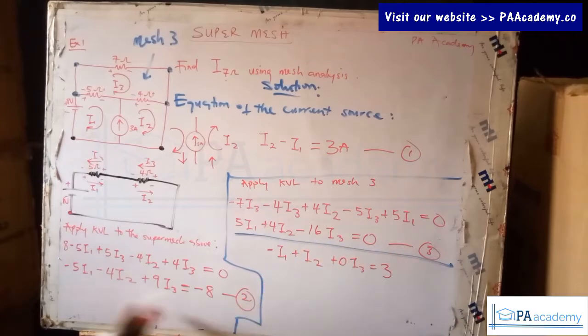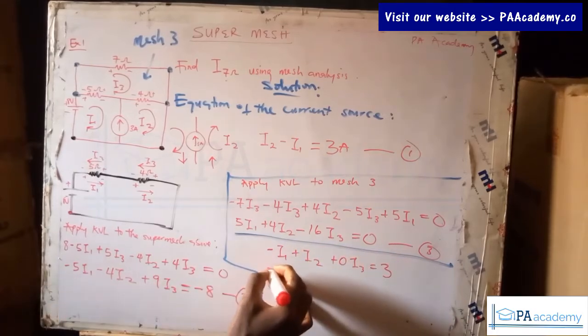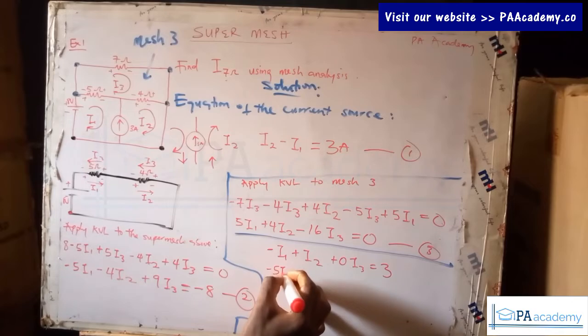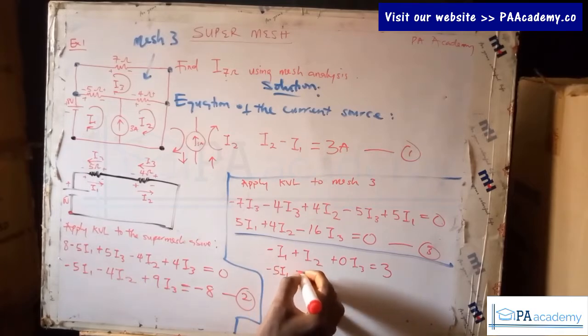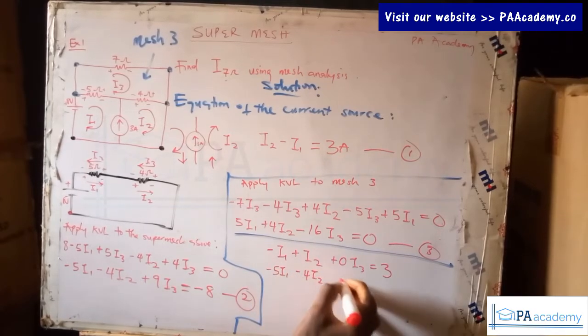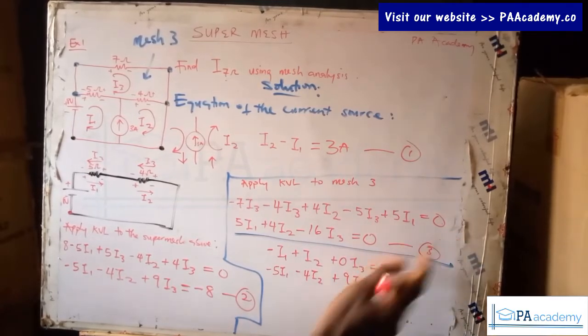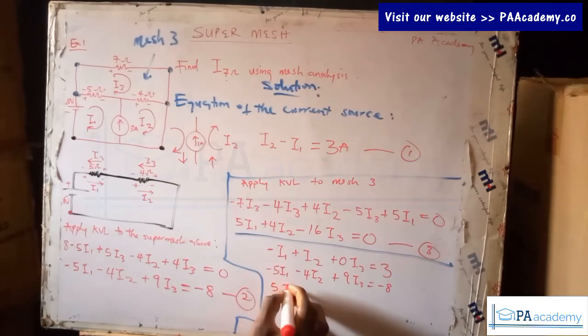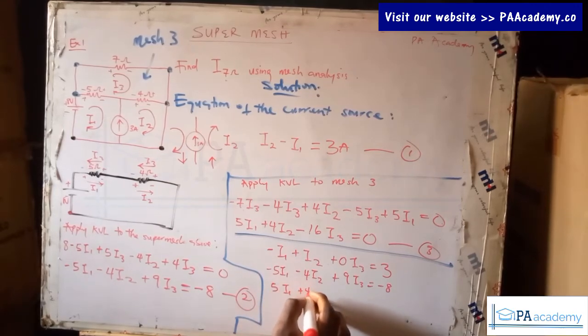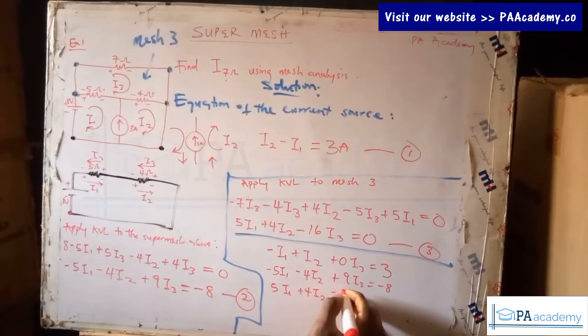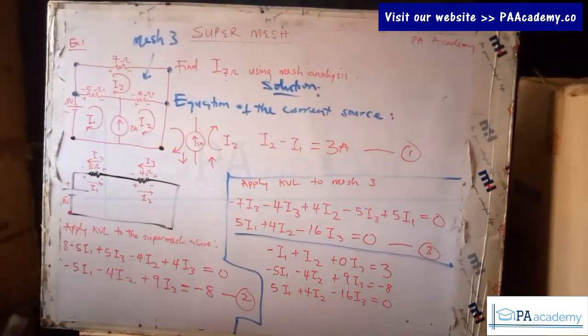Then equation 2, we have it as minus 5 I1 minus 4 I2 plus 9 I3 equals to minus 8. And for equation 3, we have 5 I1 plus 4 I2 minus 16 I3 equals to 0. These are the three equations, and if you solve it simultaneously, you get your answer.